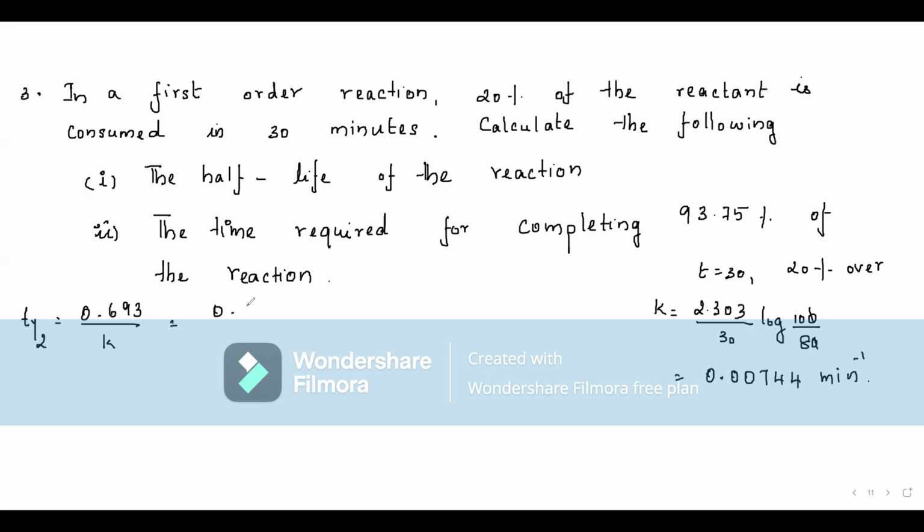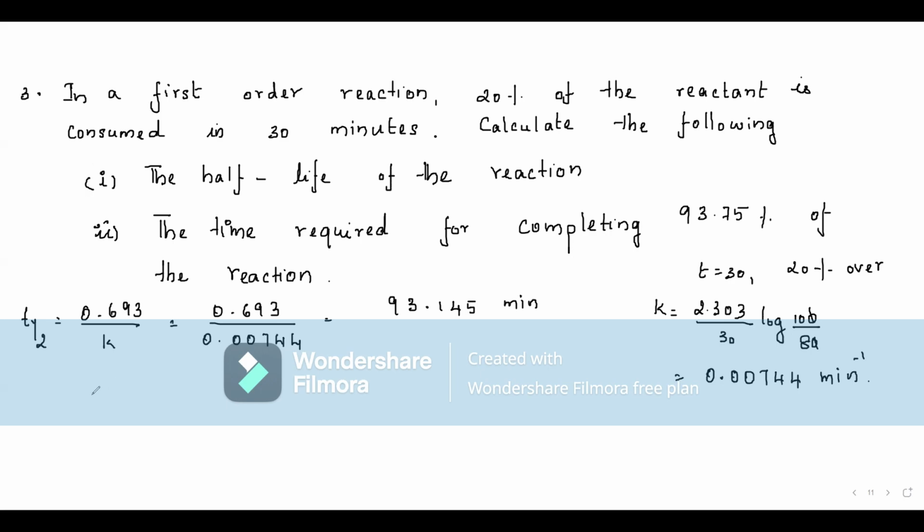Substitute that here, 0.693 by 0.00744, which gives you 93.145 minutes. That is the half-life of the reaction.